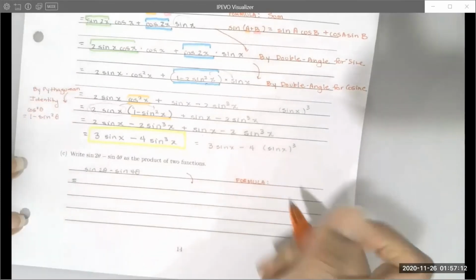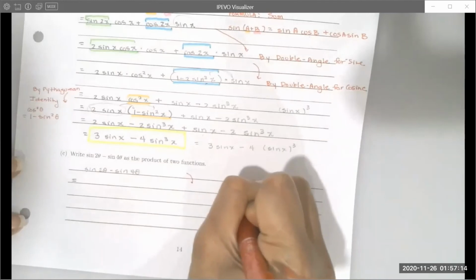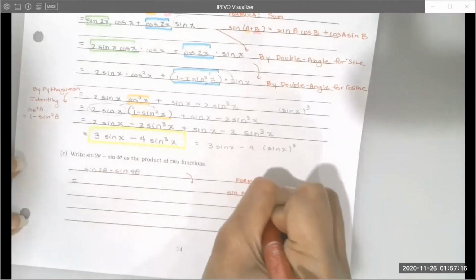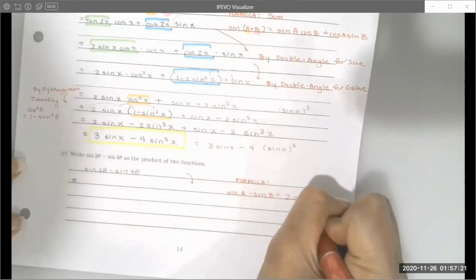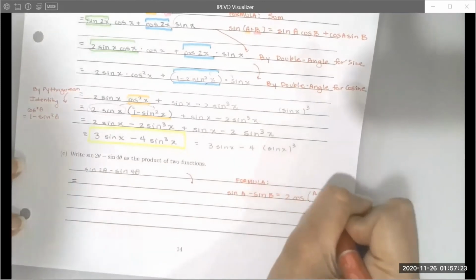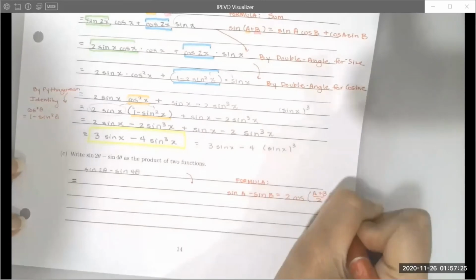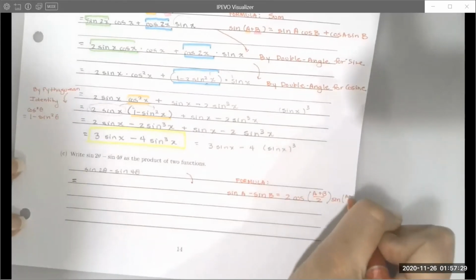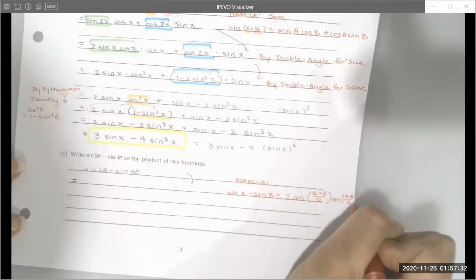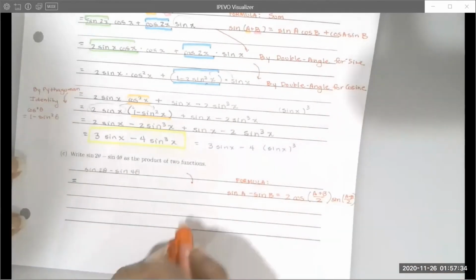And the formula is sine of A minus sine of B is equal to 2 times cosine of A plus B over 2 times sine of A minus B over 2. Sorry, that's a little crammed in there.